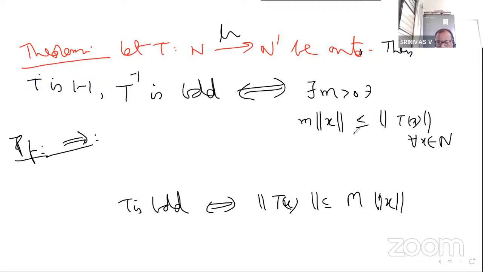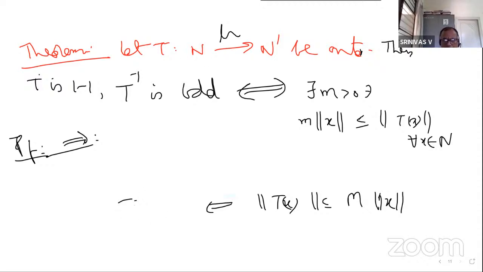On norm Tx, this is a lower bound. If you bring m to this side, you retain m here, and on norm Tx, this is an upper bound. That's the difference. This is a lower bound on norm Tx, and this is an upper bound on norm Tx. That is the difference, because we are speaking of T inverse that this change is taking place.